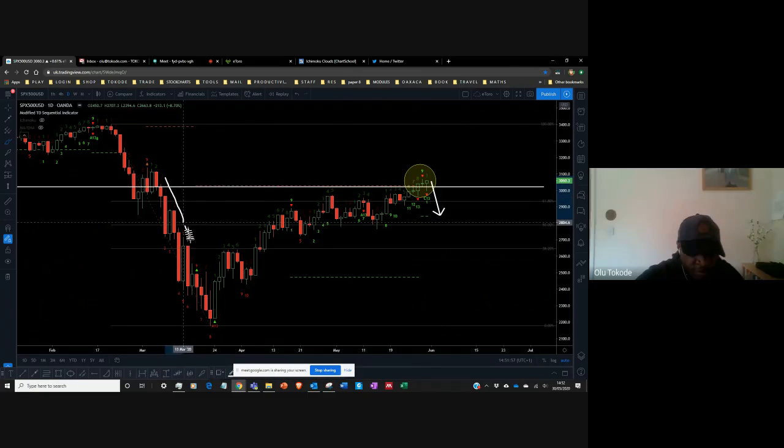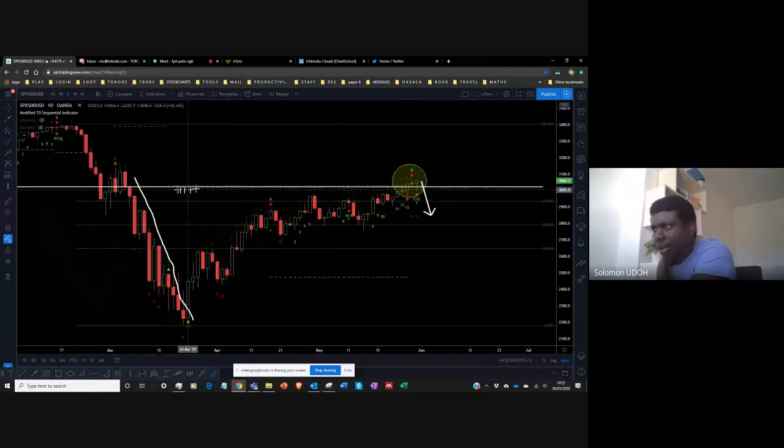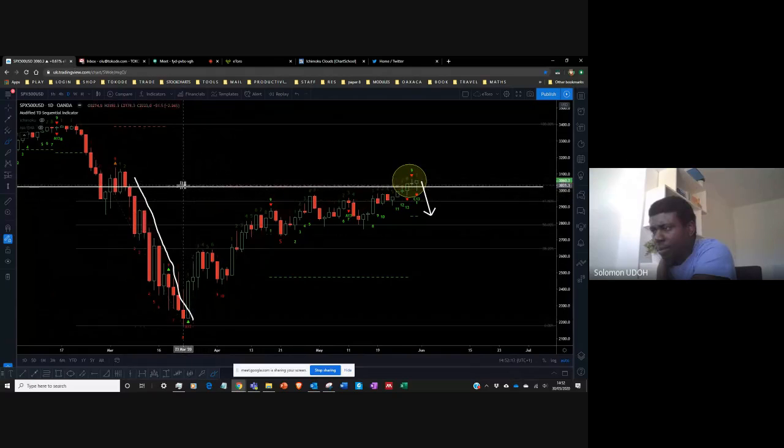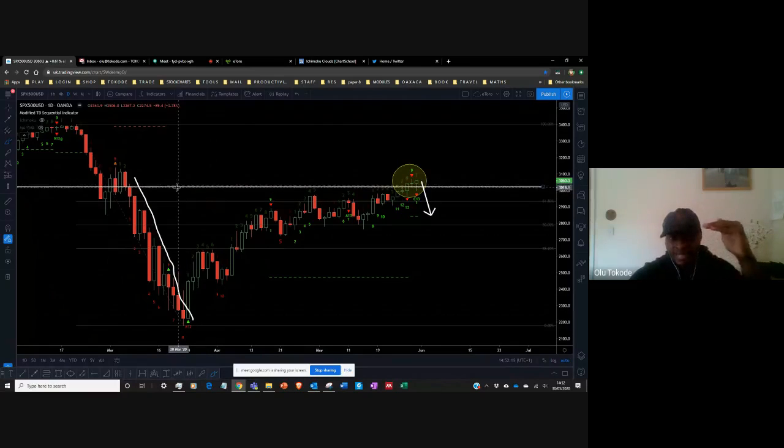This move down, the extreme of that move is this red line. Can you see this red line? That's the extreme of this move down. So that is the resistance level for the recovery of this move.